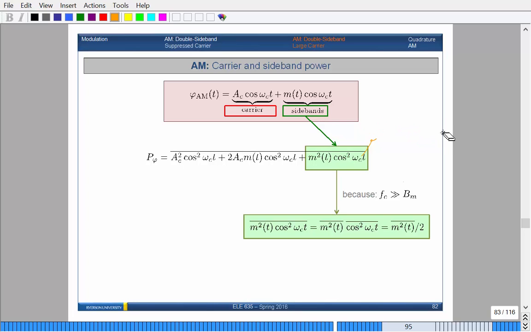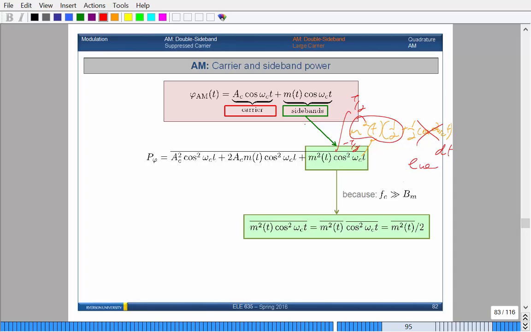Actually, let me make this a little bigger. m squared t, 1/2 plus 1/2 cos 2 omega c t. Okay, so remember that cos is an even function, right? So if you were to take the integral of this, sorry, I don't know how to use colors, the integral of this, and then we did dt here. This goes away, right, because it's even. So all we're left with is this guy, right?